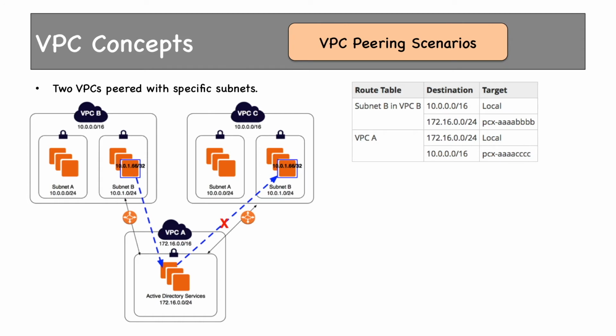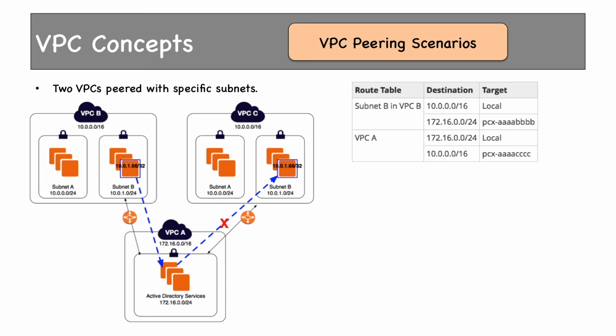An instance in subnet B in VPC B with a private IP address of 10.0.1.66/32 sends traffic to the Active Directory server in VPC A using the peering connection between them. VPC A sends the response traffic to 10.0.1.66/32.